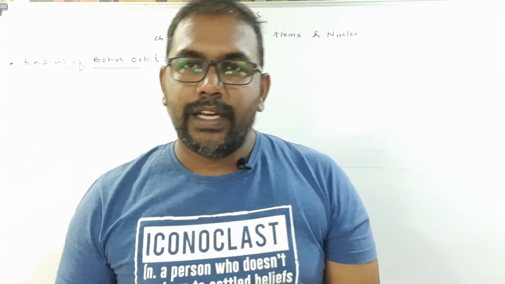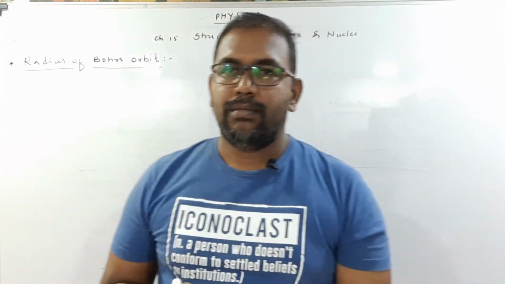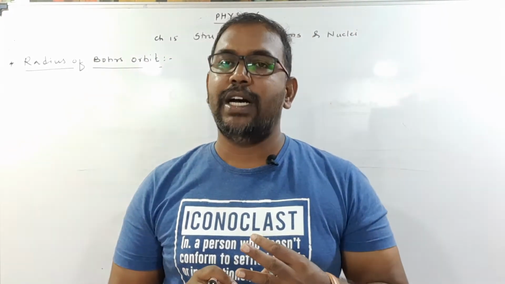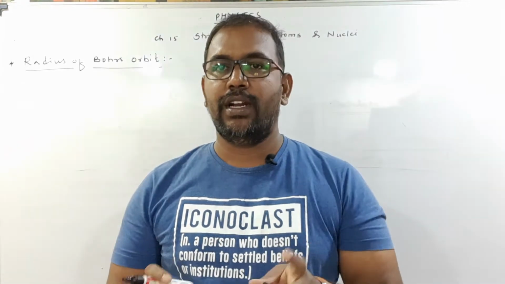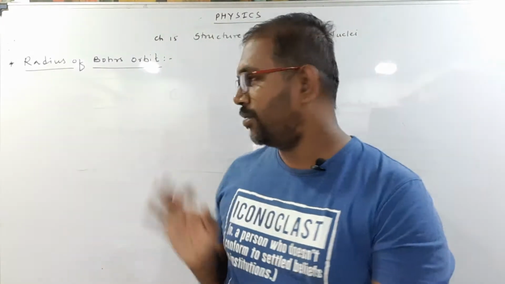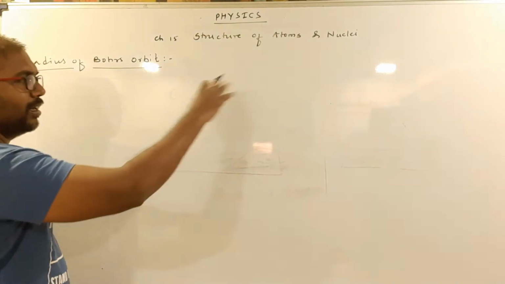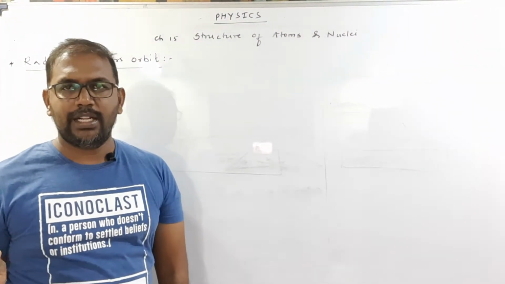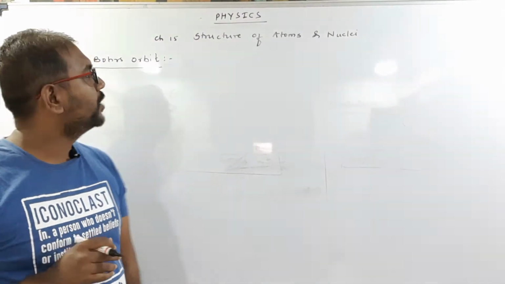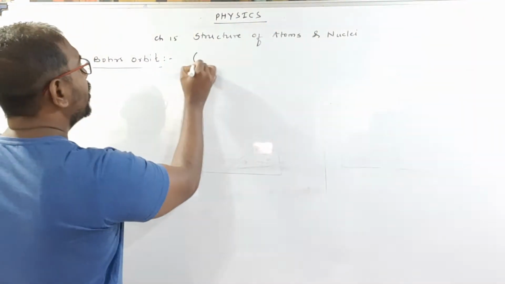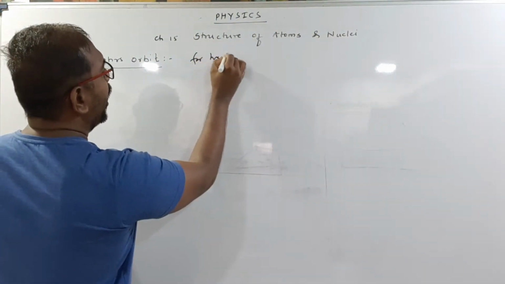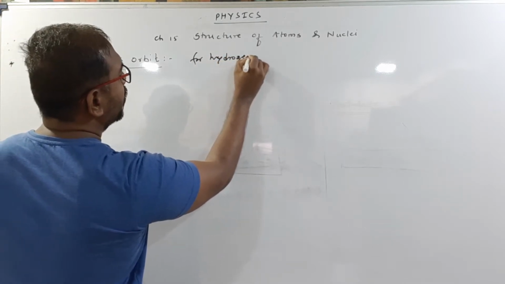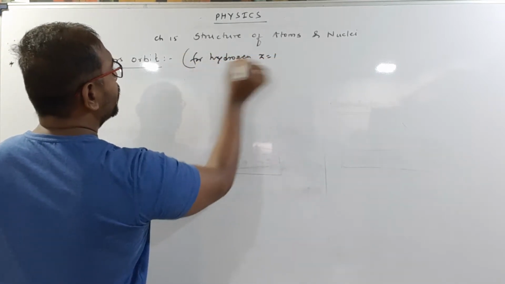Now I consider here electron having a mass m is revolving around the nucleus with the radius r. I consider here the simplest atom hydrogen, and then we derive this derivation. So for hydrogen, you remember, Z is equal to 1.